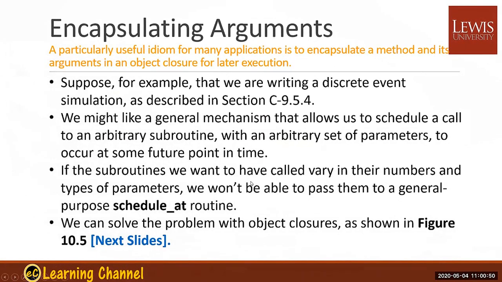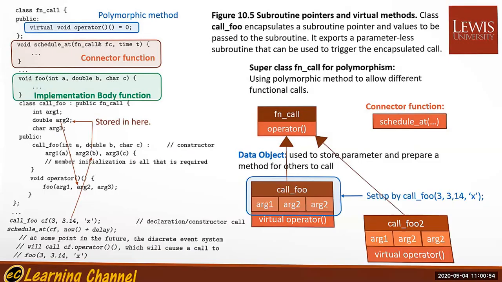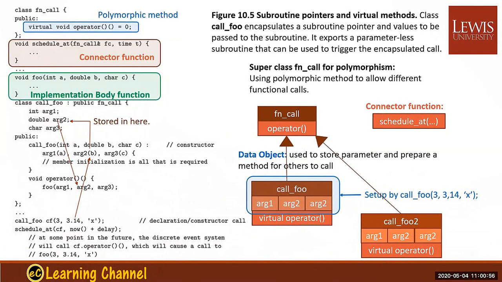So you can encapsulate it in the arguments. Next one. Here you have a class, the function call class, where your operator is defined. So here is an interface function call, and we have a schedule add.